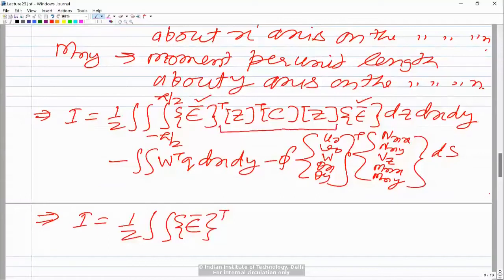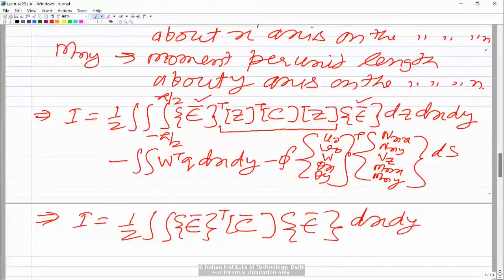So this will be, let us say, C bar, and then we will have, of course, now again the epsilon bar, and then we have the dx dy, and the other terms remain as it is. So there is no change in the other terms.